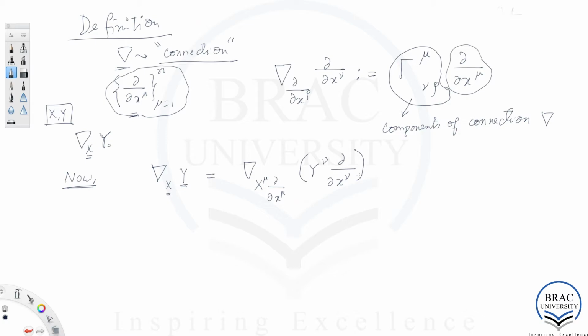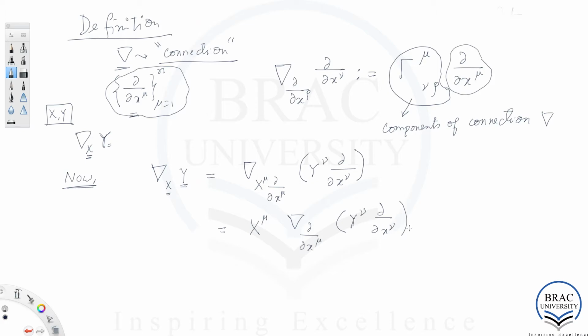Now using the properties that we listed, the three properties that we listed in the beginning of the lecture, x mu comes in front first of all, and then we have nabla del by del x mu, and then we have y mu del by del x mu.